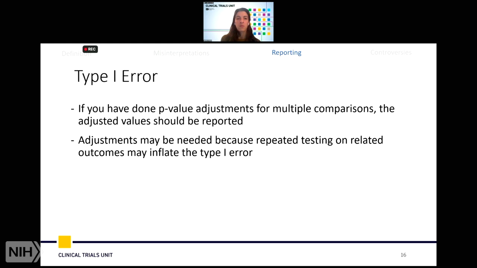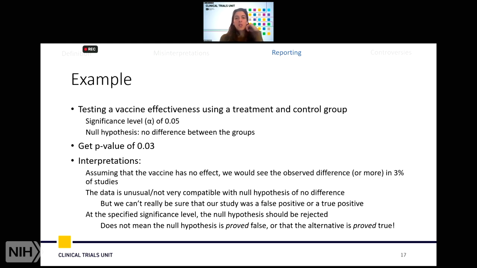So just to run through an example of how we would interpret a p-value and maybe how we would talk about it, let's say we were testing a vaccine's effectiveness using a treatment and control group, and we've set our alpha level or significance level at 0.05.